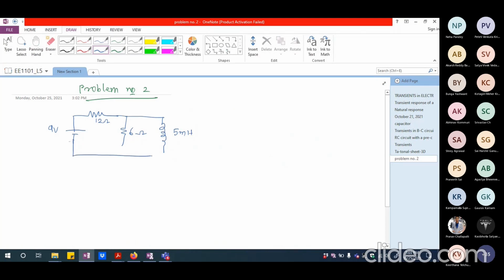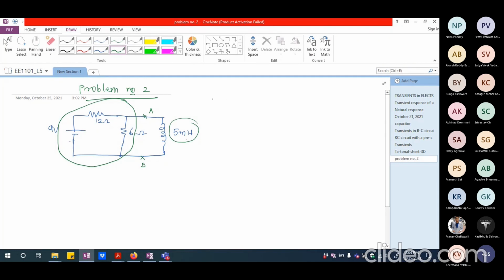Okay. Now, these two terminals are given. This is A and this is B. Because there are two resistances given, if I can convert this portion completely into the equivalent Thevenin, then I would be able to deal with this as one particular R and one L along with the voltage source.